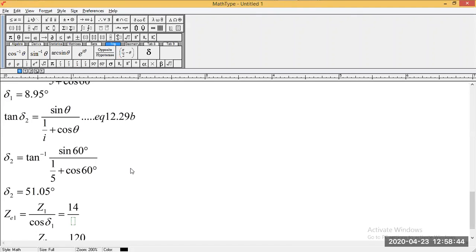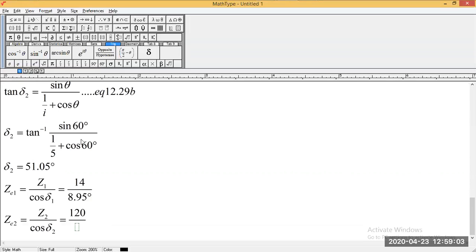We're still in step 1. So delta 1, delta 2 are found. So let's use this: cos of this angle here and cos delta 2, what we have got here is this value.